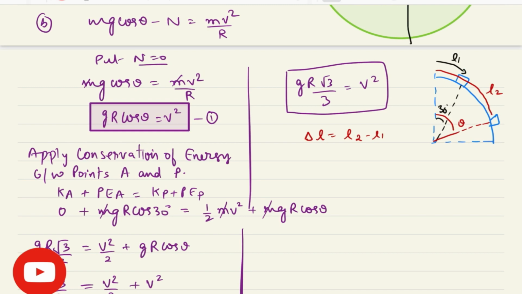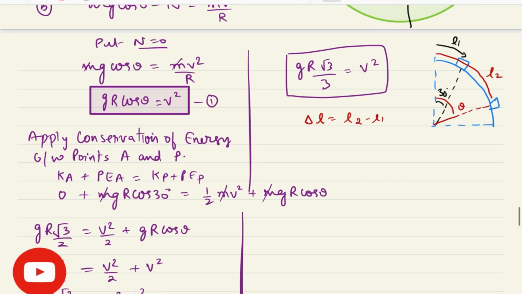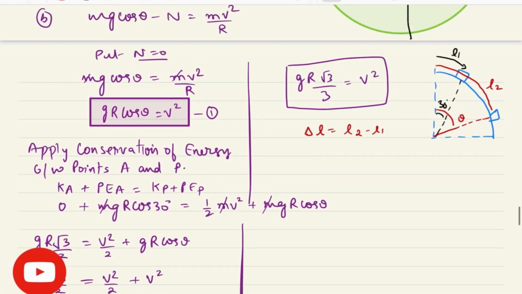Okay, so let's calculate that. Before that, we need to calculate the value of theta. What's the value of theta? So we have our second equation, this one. You can see in the first equation we have v square here, and in the second equation we have v square here. We can equate v square from the first and second equations to get the value of theta, because we have cos theta. So let's do that.